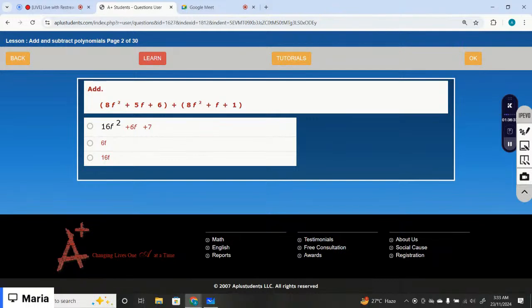8f square plus 5f plus 6, you need to add 8f square plus f plus 1. So which is the correct option? You have to add the like terms, right?